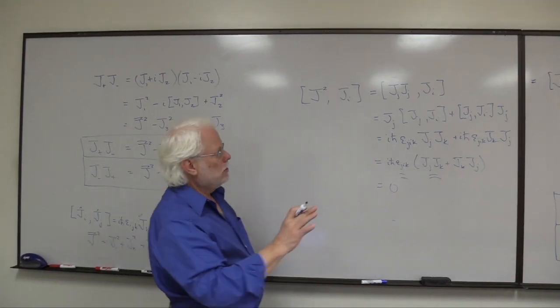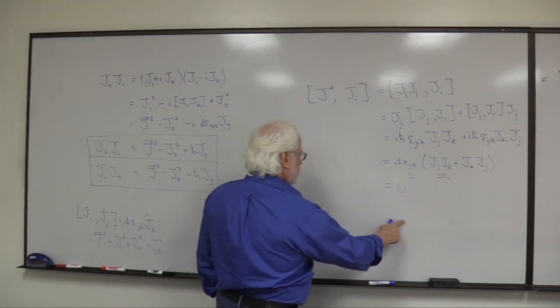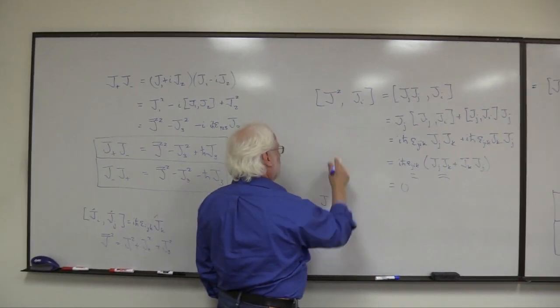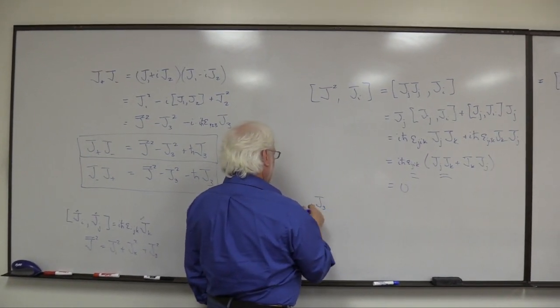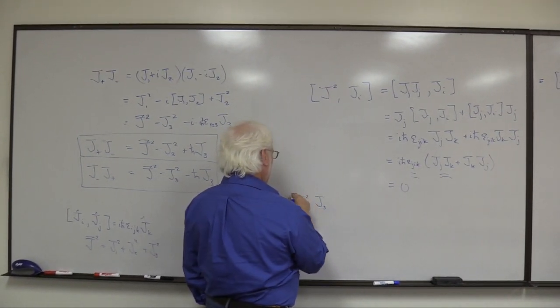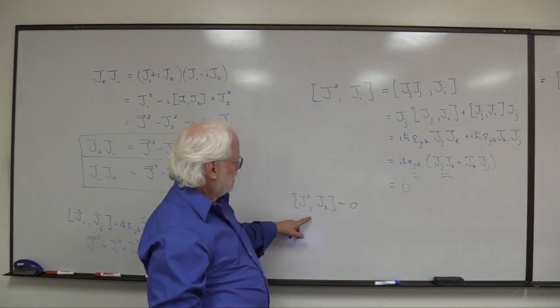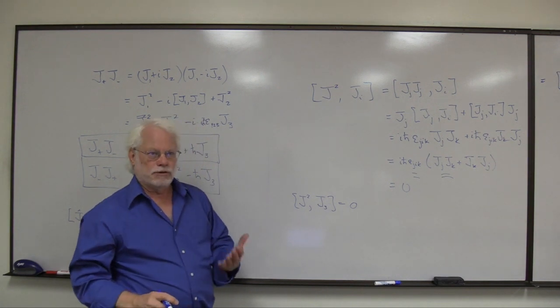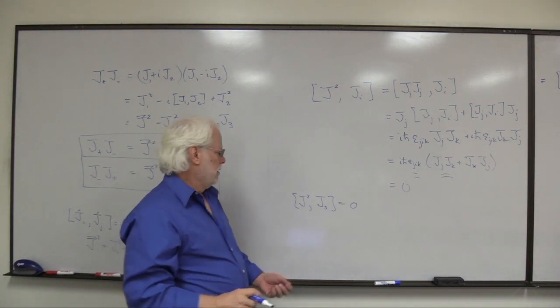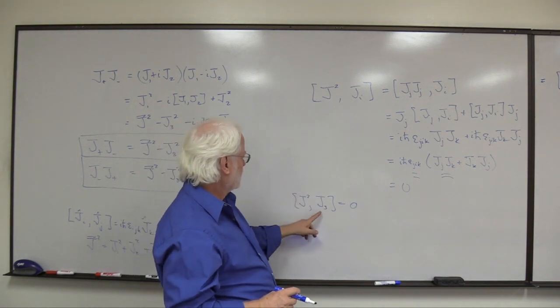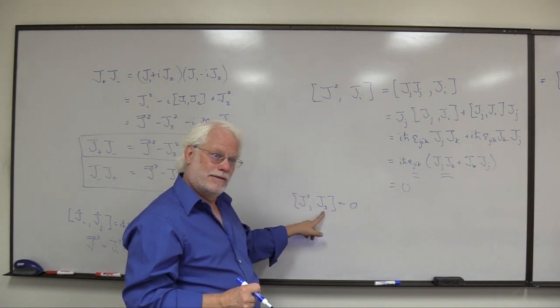So then what we did is to note that since J squared commutes with all three, it commutes with any one. This is 0. Now, this gives us a maximal set of commuting operators, right? We can't add another one, J1 or J2, because they don't commute with J3.